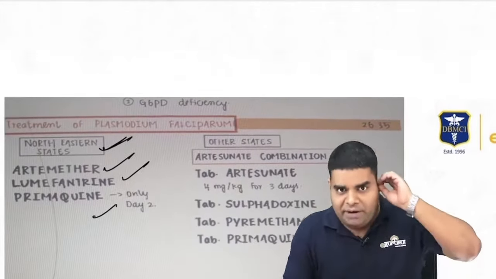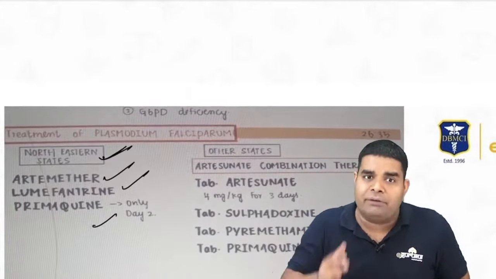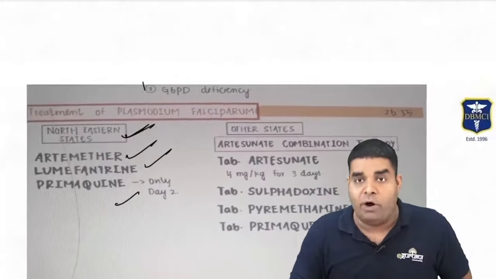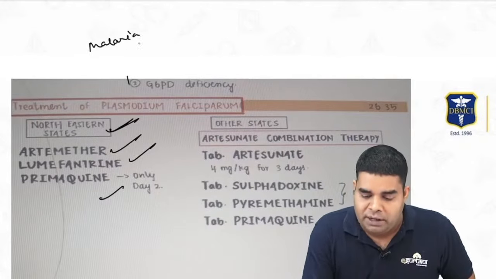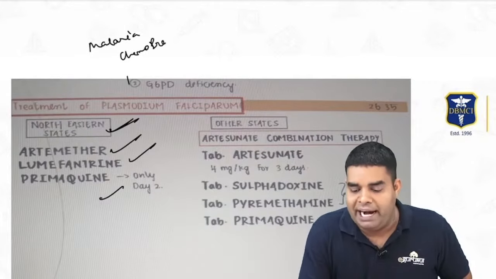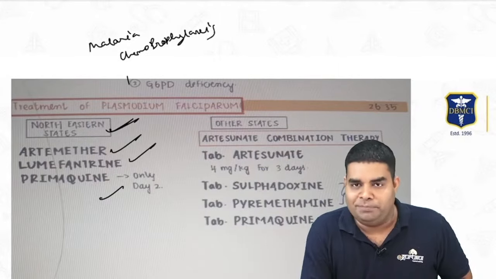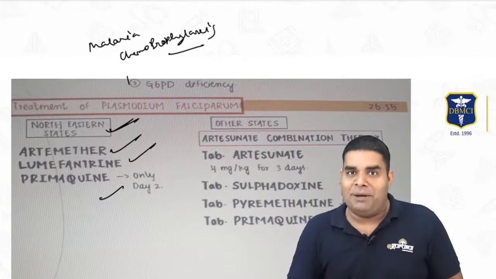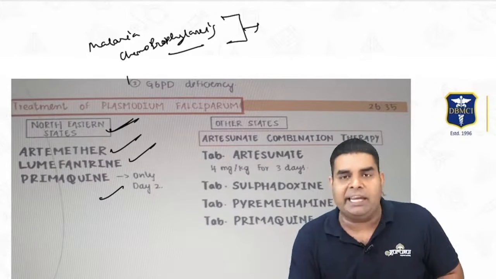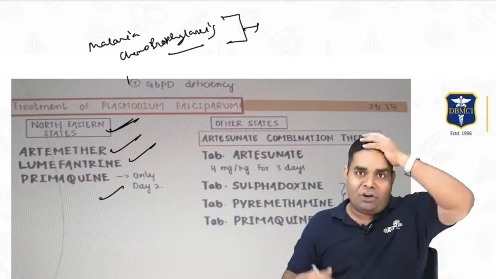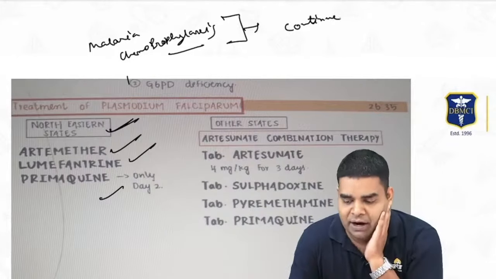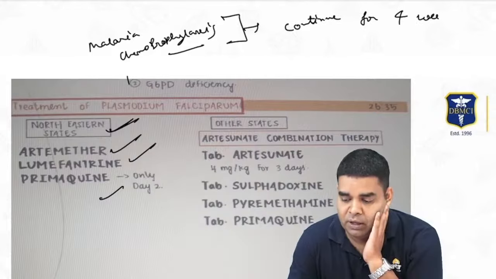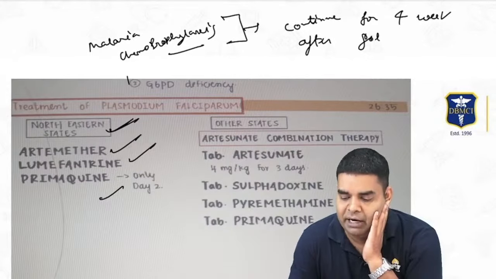Now, in a previous exam they asked that if someone is coming back from an area endemic for malaria, for how long should they continue taking malaria chemoprophylaxis. So remember, suppose someone came from the UK, England to our India. Because the UK and European countries are free from malaria, they will start taking chloroquine or doxycycline or atovaquone, another chemoprophylaxis drug, and they will continue the chemoprophylaxis for 4 weeks after going back from the endemic country.